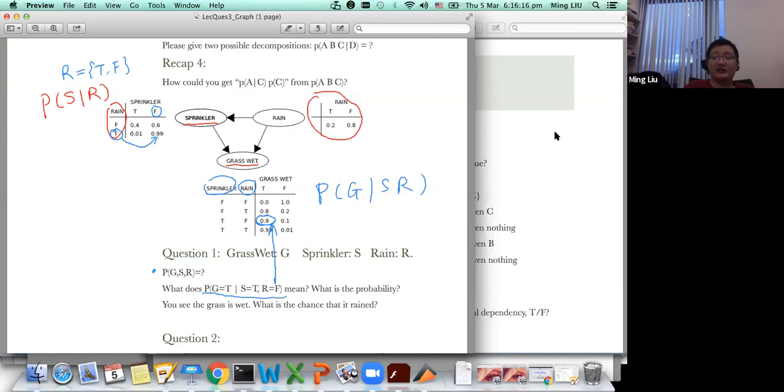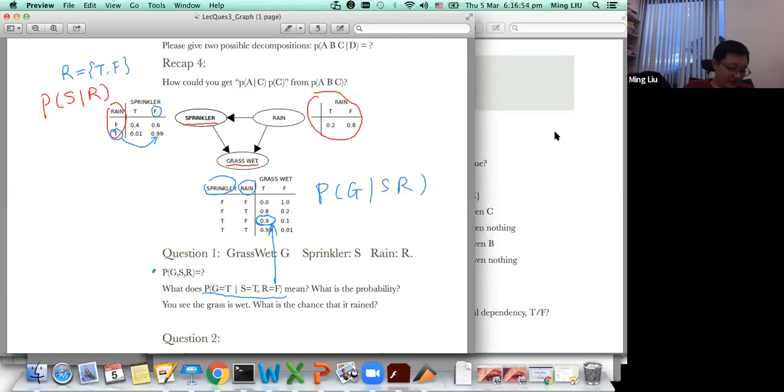It means you turn on the sprinkler and it does not rain, and then the probability to observe that the grass is wet is 90%, because you turn the sprinkler on. Maybe you have a sensor on the grass, and this sensor detects the grass is wet. The probability is 0.9.